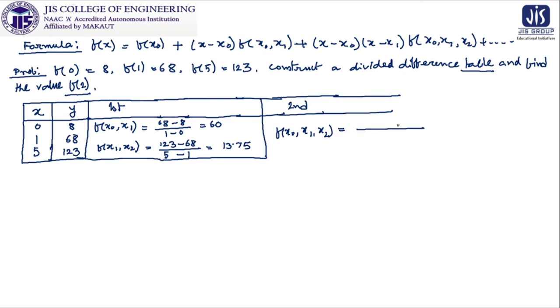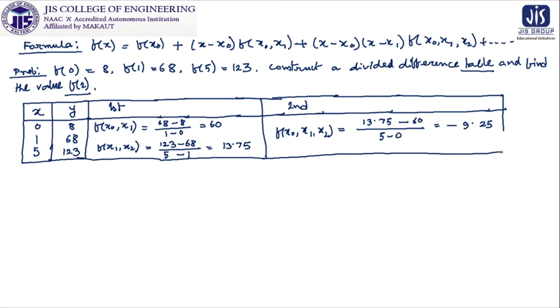So our calculation will be 13.75 minus 60 by 5 minus 0. After finding the value, we get 9.25. So now our construction of the divided difference table is complete.